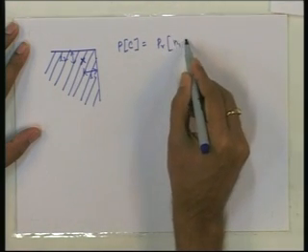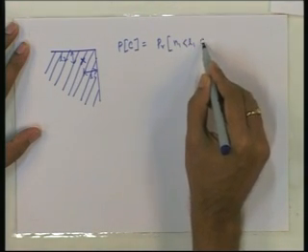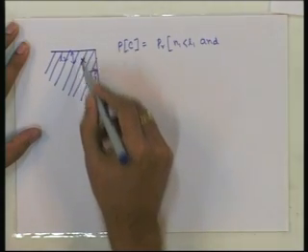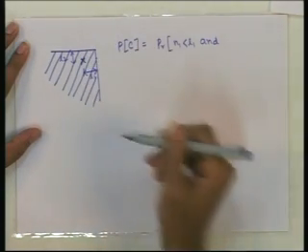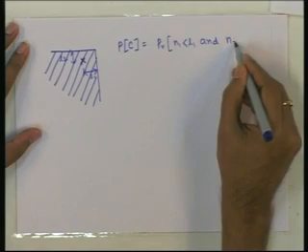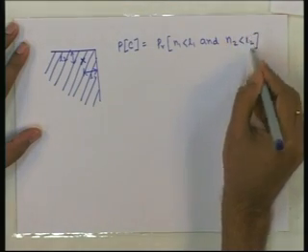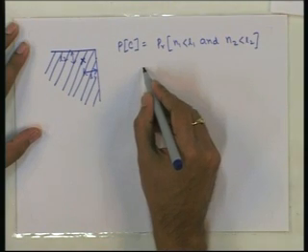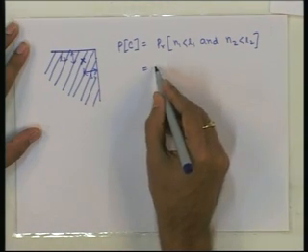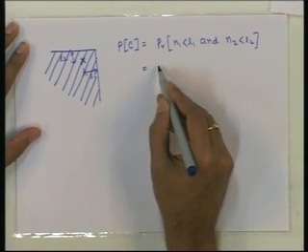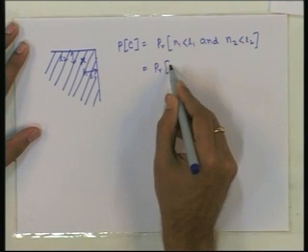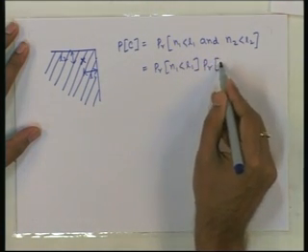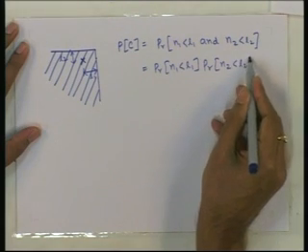So, N1 should be less than L1 and the noise component in this direction, N2, should be less than L2. Since N1 and N2 are independent of each other, this can be written as a product of the two probabilities. So, probability of N1 less than L1 times probability of N2 less than L2.